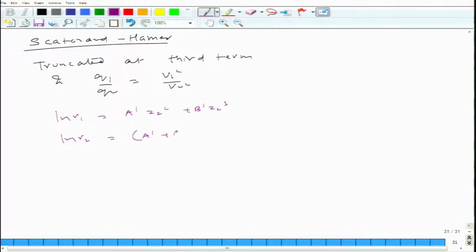Again, I am writing this without deriving it, where A dash and B dash are functions of the A's and B's. I won't write it in detail because I don't expect you to remember this as well.